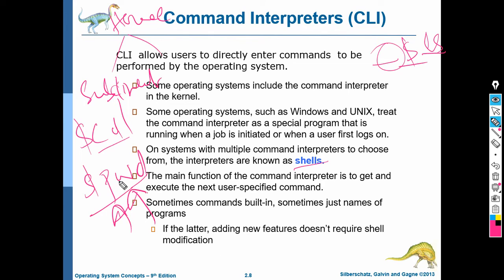To know the present working directory, to change the directory, to list the files, to move or rename files you have the mv command, and mkdir, make directory, to create a directory. These are all basically the services that we are invoking with the help of the command line interface, CLI.